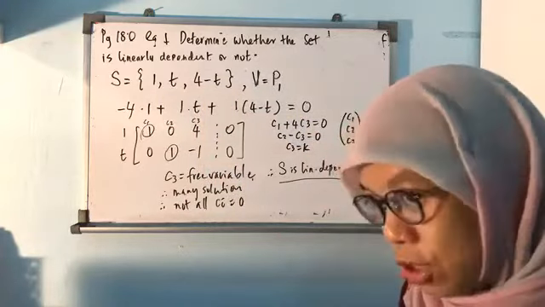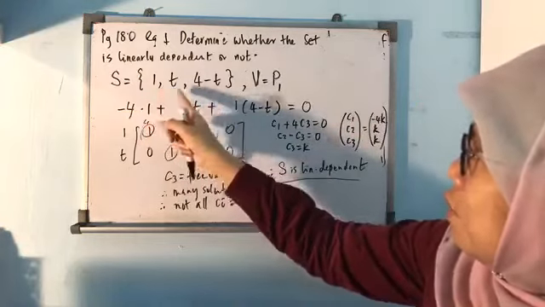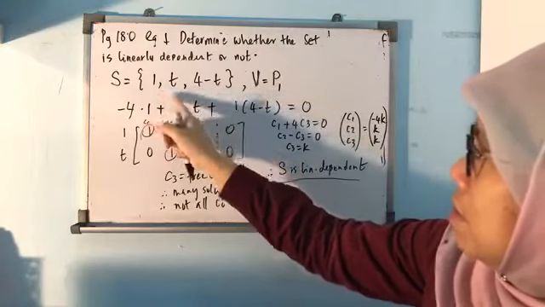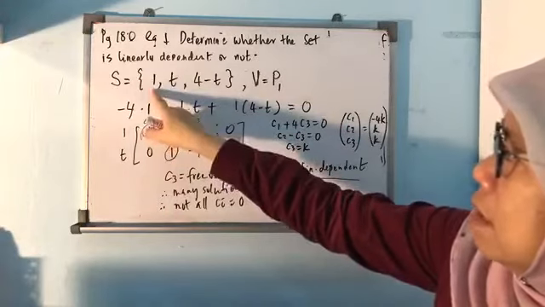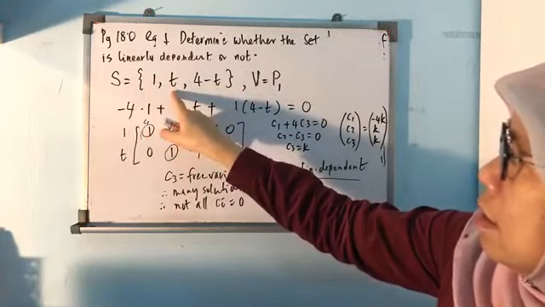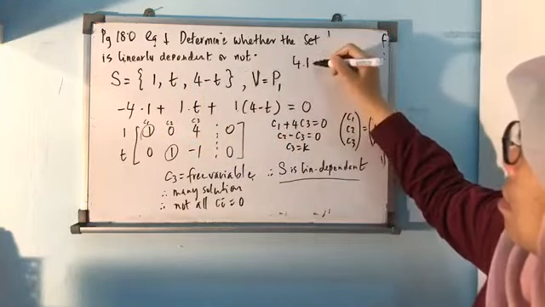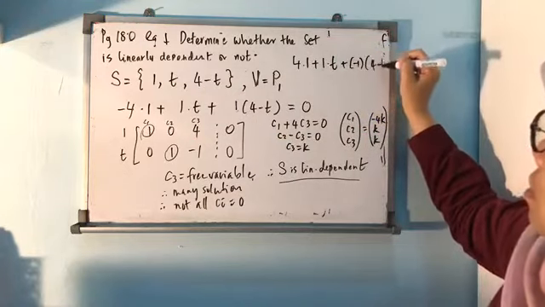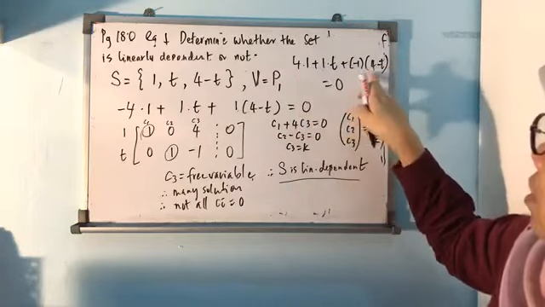Okay, shortcut. When you really look, this is a combination of these two. So if you multiply this by 4, you multiply this by 1, you multiply this by negative 1, you already get 0. You multiply by 4 to get rid of this.